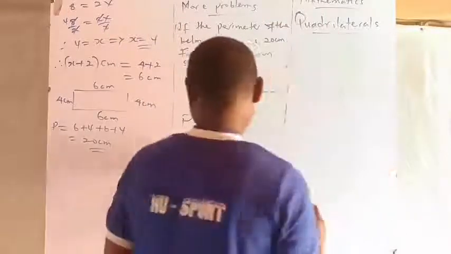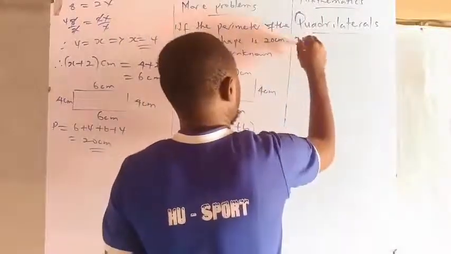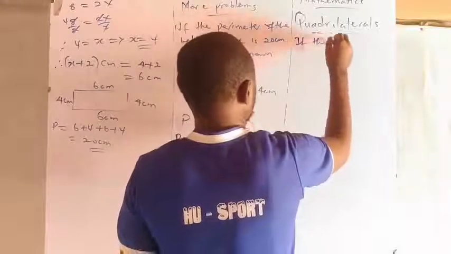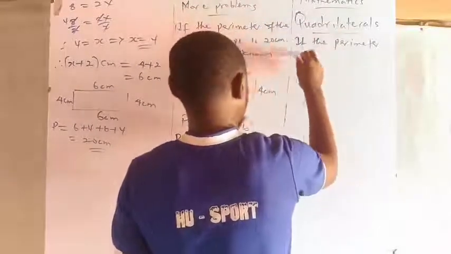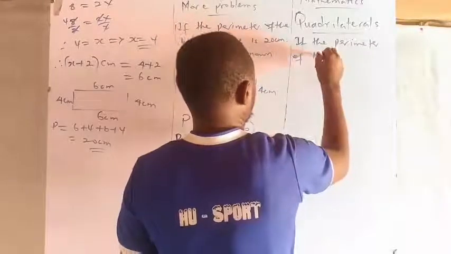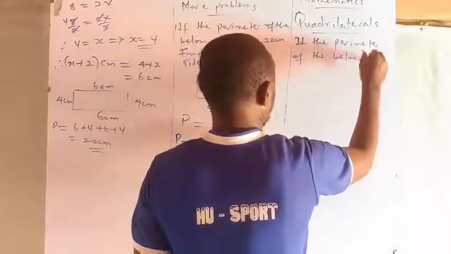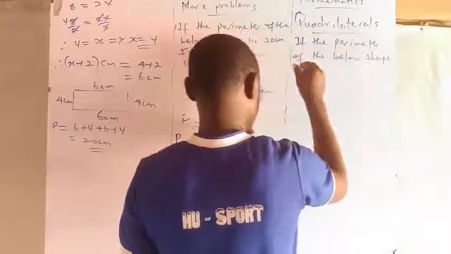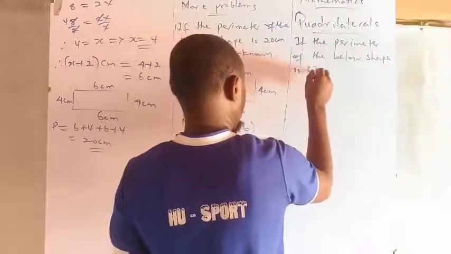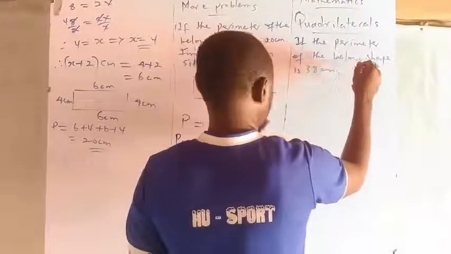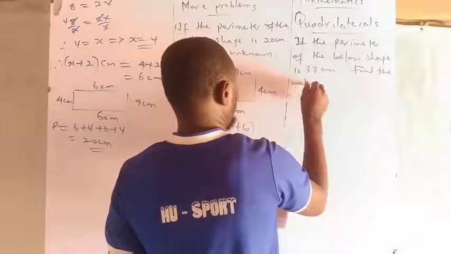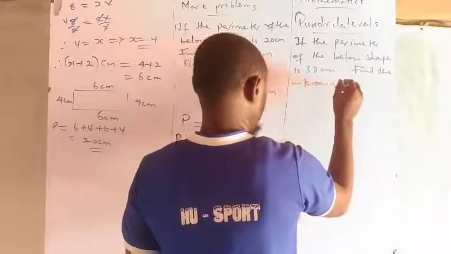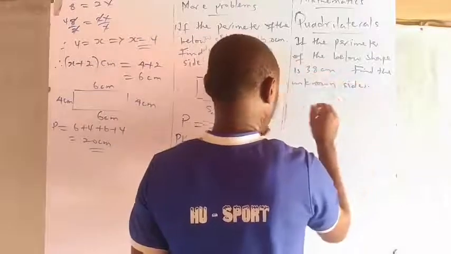If the perimeter of the below shape is 38 centimeters, find the unknown size. This is the shape.